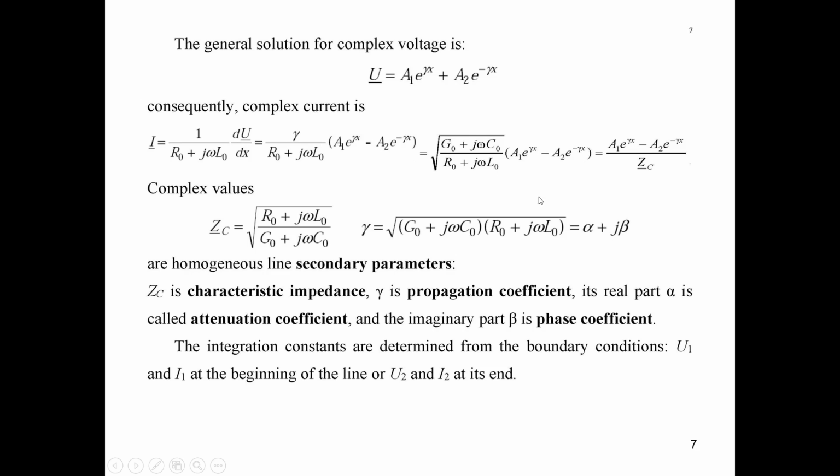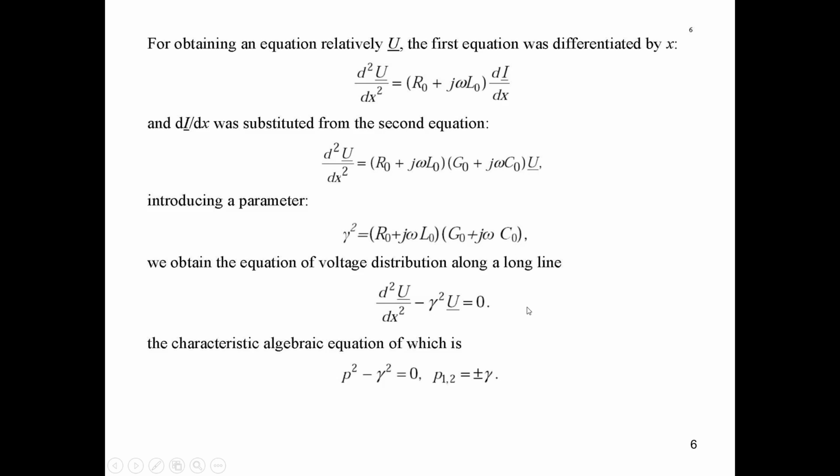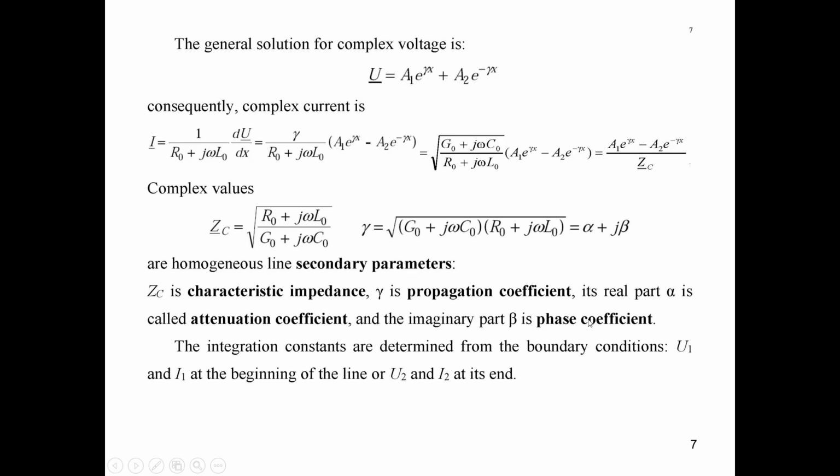So we arrange this coefficient in such a way, and this expression in brackets is the same as for voltage drop. Let's introduce variables such as ZC, the characteristic impedance of the long line. Gamma, which we introduce in such a way, is called the propagation coefficient, and it is a complex number; its real part alpha is called the attenuation coefficient, and its imaginary part beta is called the phase coefficient.